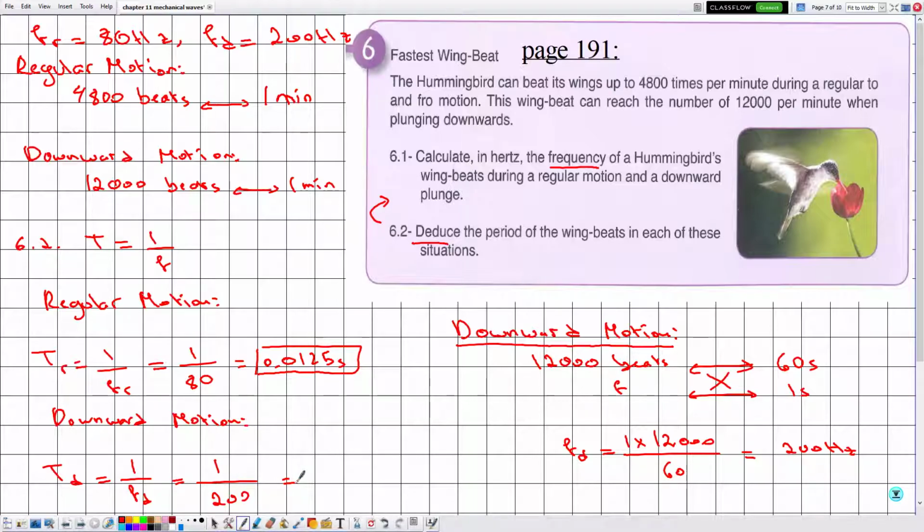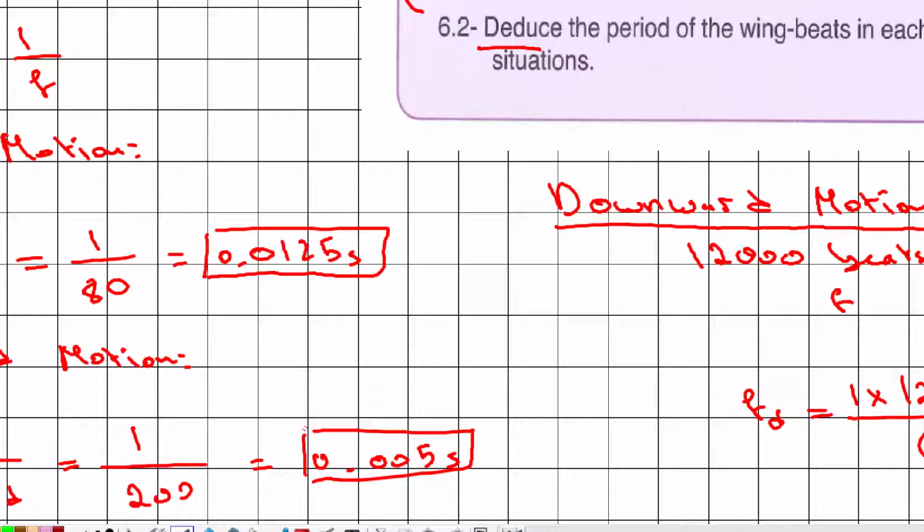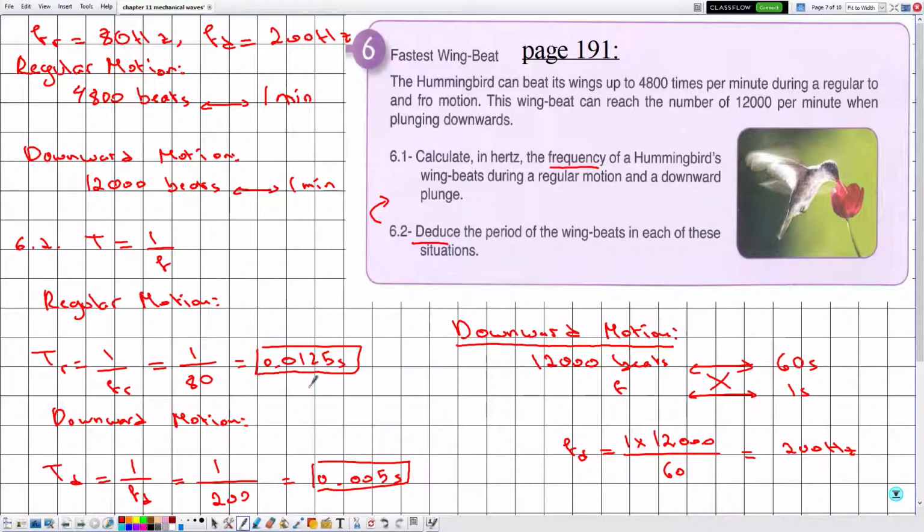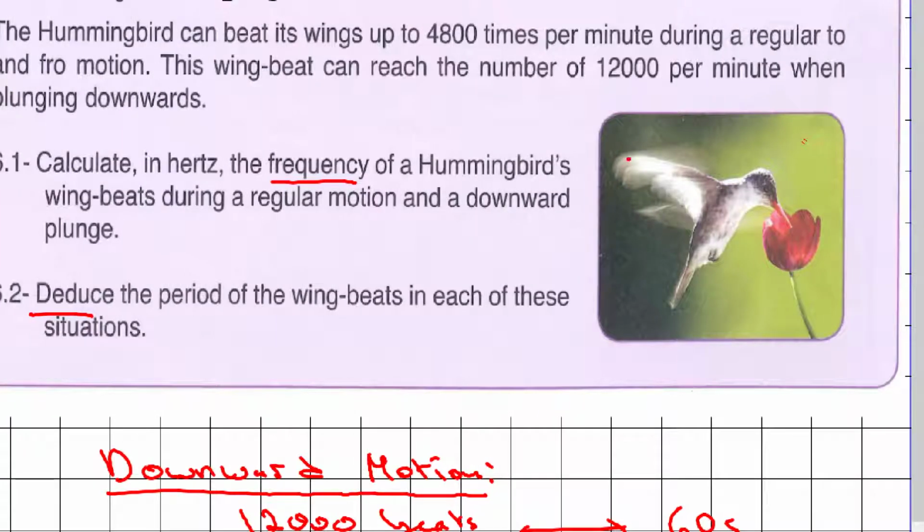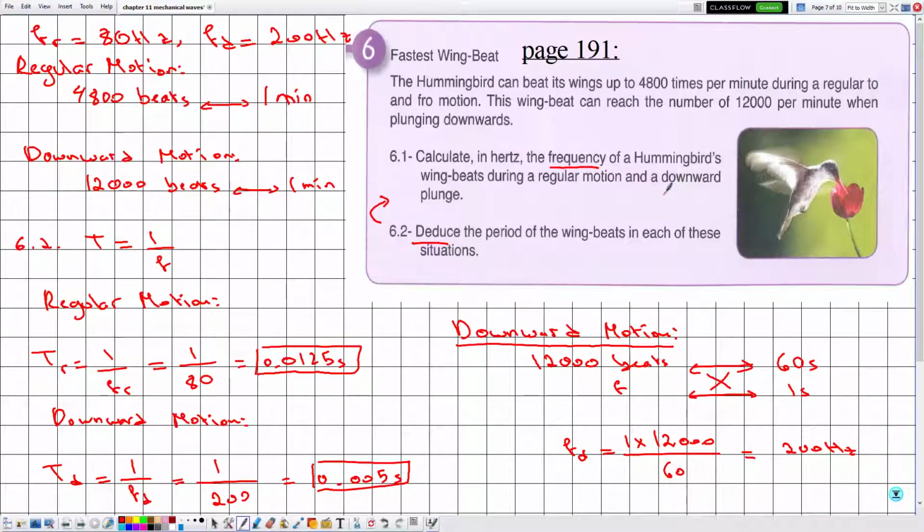Now plugging this into the calculator, the answer would be 0.005 seconds. And as you can notice, the value of this period is smaller than this one because the frequency is greater. So during a downward motion, the time required for the wings to beat from this point to point B, then back to A, is given by 0.005 seconds.